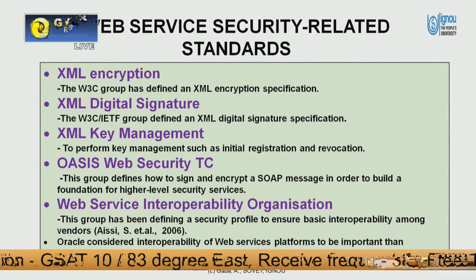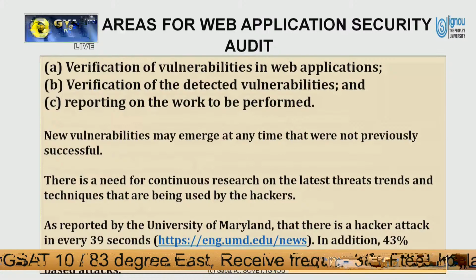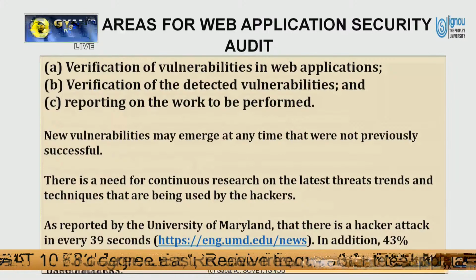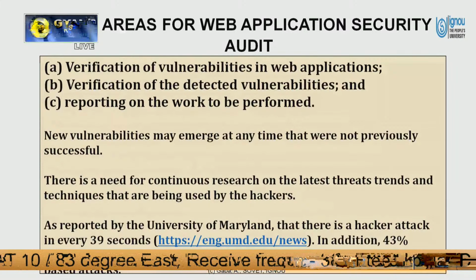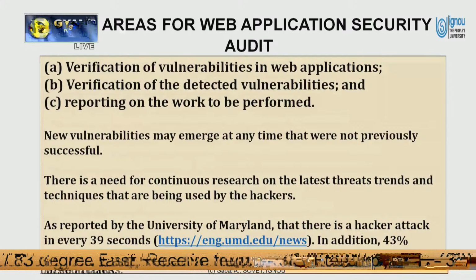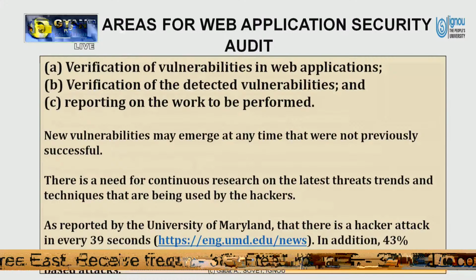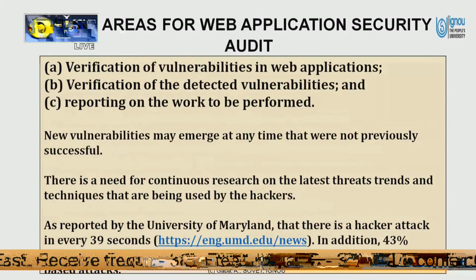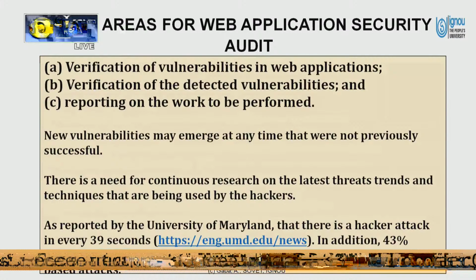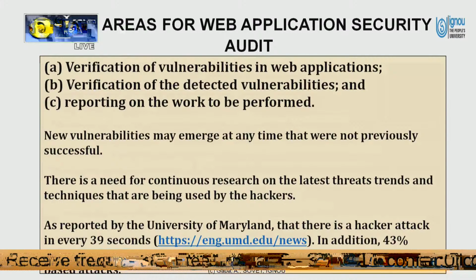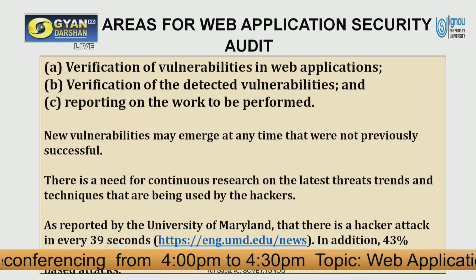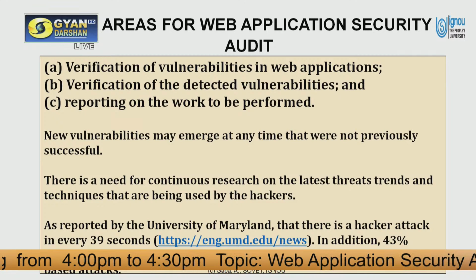Now, if you go further, what are the key areas for web application security audit? First is verification of vulnerabilities in a web application. You have to verify what vulnerabilities have occurred. It is not necessarily a small information leakage; it could be an information hijack. Second is verification of detected vulnerabilities, and then repairing and reporting the work to be performed.